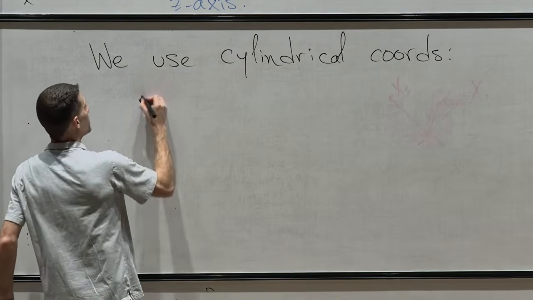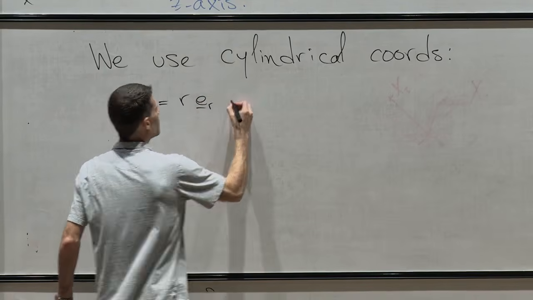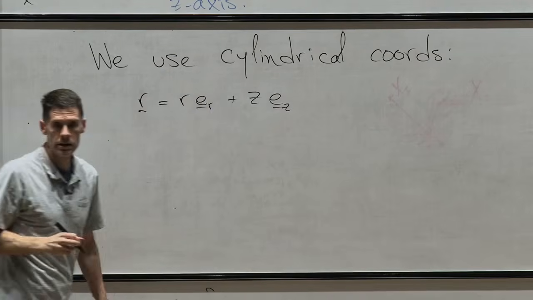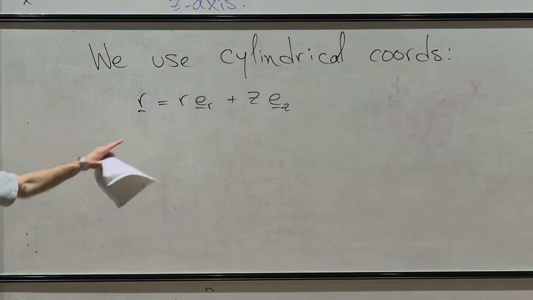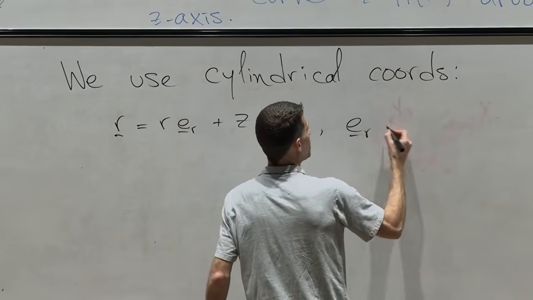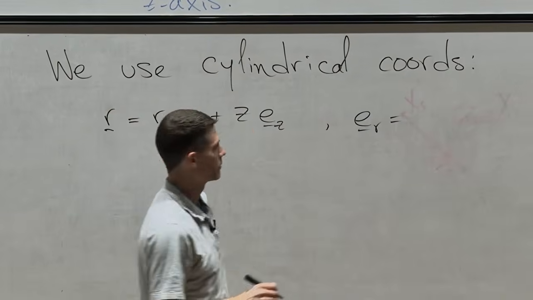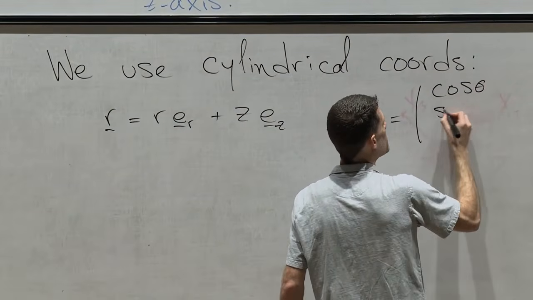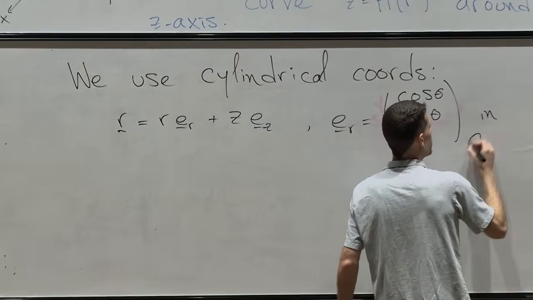So our position vector r would be r e_r plus z e_z, where e_r looks the same as before, having a cosine theta, sine theta in Cartesian plus an extra z component, which is 0.